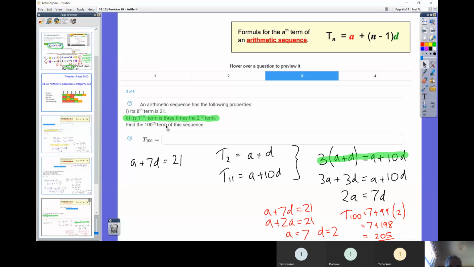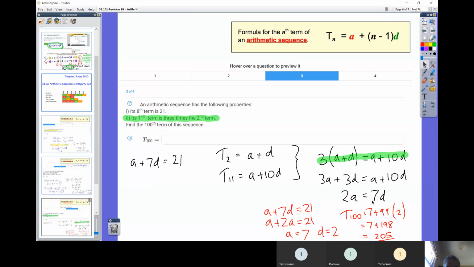Now we're told that the 11th term is 3 times the 2nd term. So if you take your 2nd term and times it by 3, you get your 11th term. So there's my 2nd term, multiplying it by 3, and I get my 11th term. So do the claw and tidy it up, you get 2a equaling 7d.